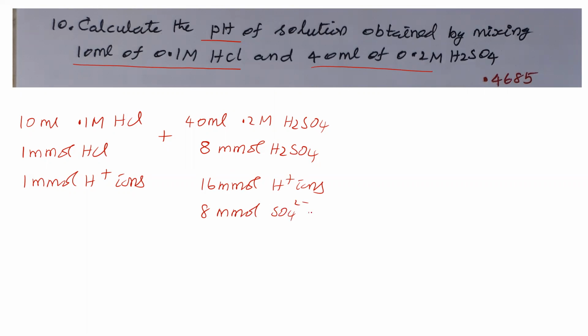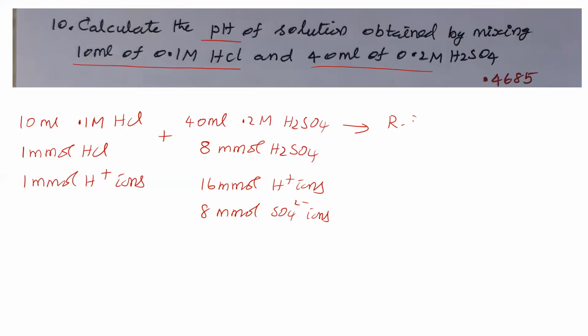We are not considering bisulfate; bisulfate also undergoes complete ionization. Like this we are considering sulfuric acid dissociating into H plus and sulfate. So sulfuric acid gives 16 millimoles of H plus ions, as we said.